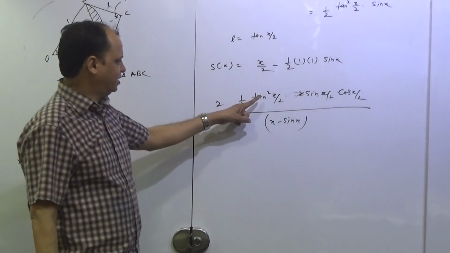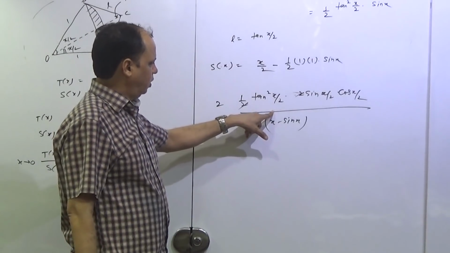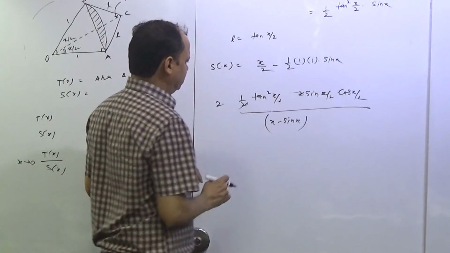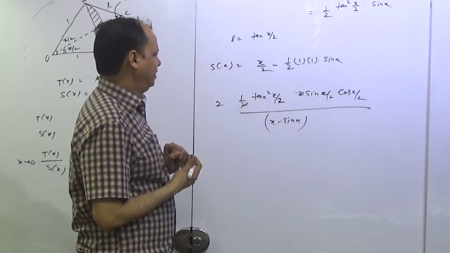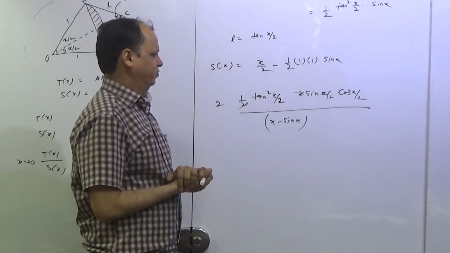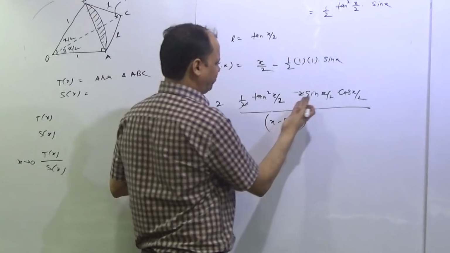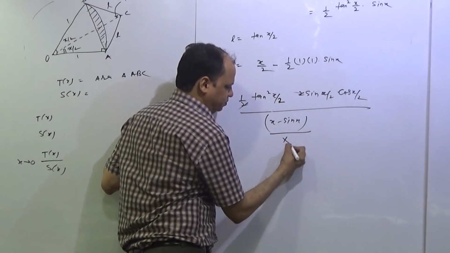I will write it sin square x by 2 upon cos square x by 2. This is in the multiplication. See, in fact, we don't need to cancel something. This sin x was fine for us. What do I need here? Here I need x cube.